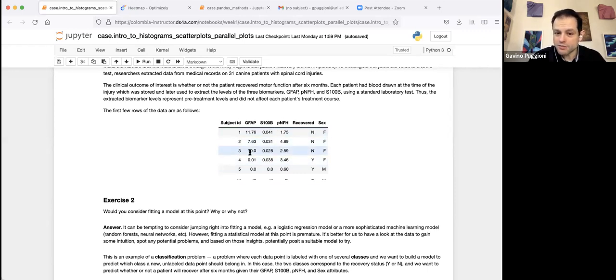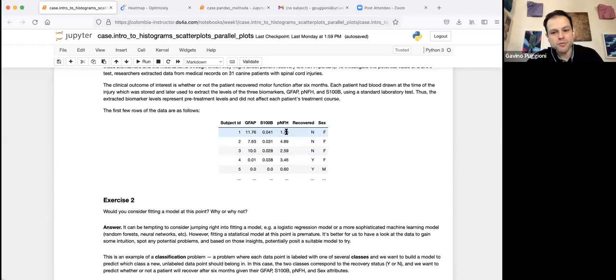In particular, we can see this for the first biomarker. For the other ones, it's more debatable. Probably this one is not helping a lot. Maybe the PNFH, we have to see. There are some high values here, but here there is a lower value.